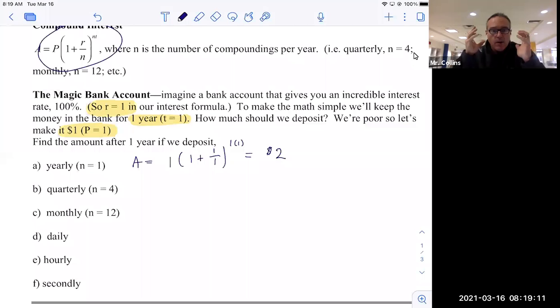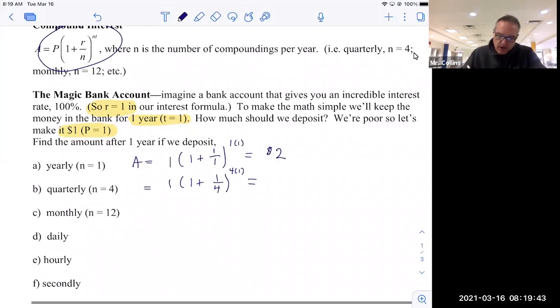So the question is, what if we keep everything the same and then we change the number of compoundings per year? What's going to happen? Is my money going to go up, go down? So let's try quarterly. Of course, the 1 is not going to change, the interest rate's not going to change, but quarterly, this will be 4. So I only get a quarter of that interest, but I get it 4 times a year, so the exponent is 4 times 1.